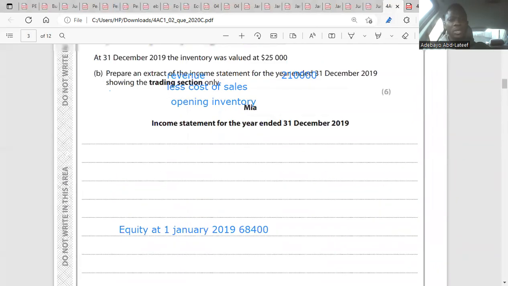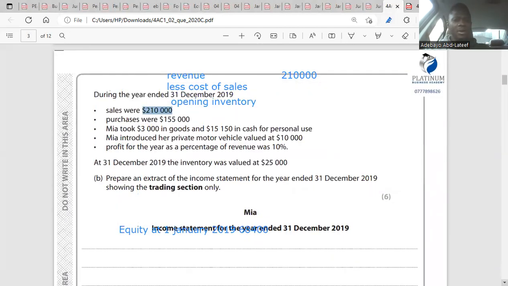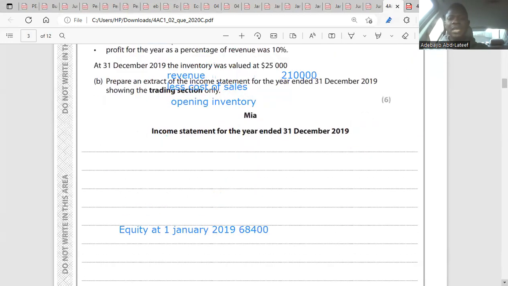Then we go back to the information. Based on the information here, they said Maya took goods, $3,000, and cash, 15,150 for personal use from the business. So you add this together, you take it away from the value we have. So 15,150 plus 3,000 gives us 18,150, right?